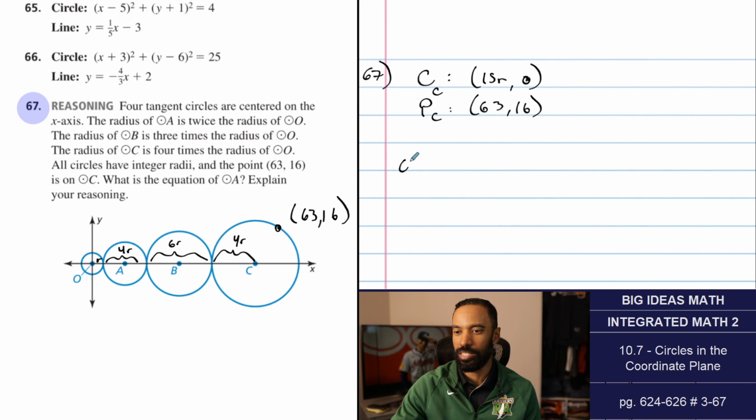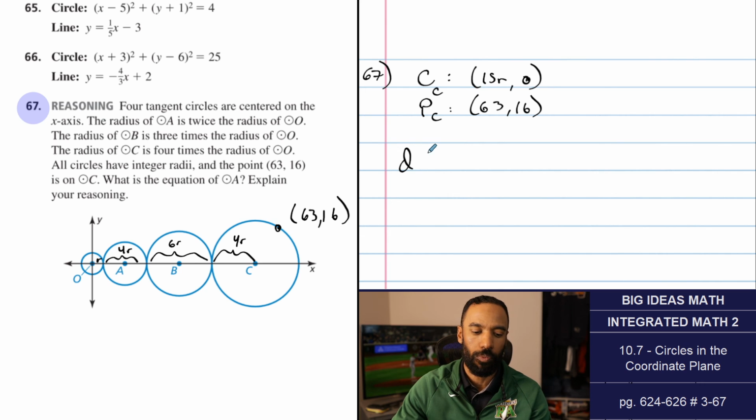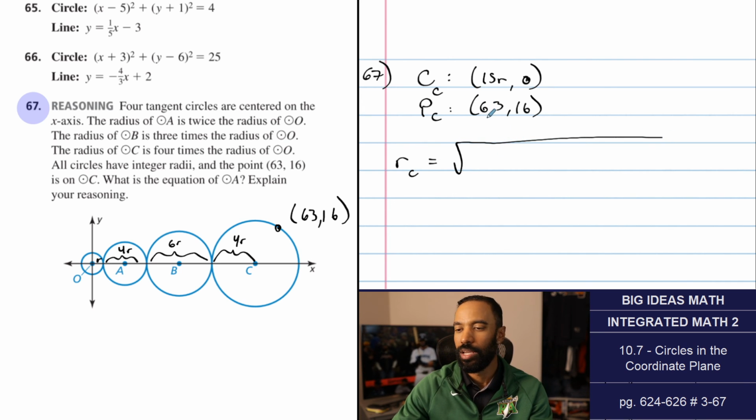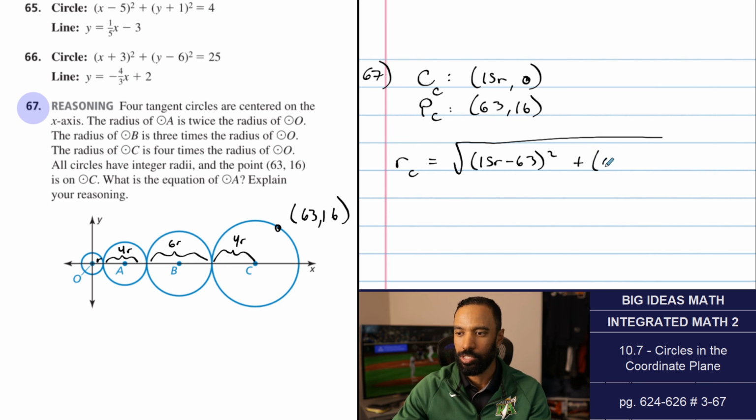So the radius of circle C, because it's not the original one, is the square root, this is distance formula, of 15r minus 63 quantity squared plus 0 minus 16 quantity squared.